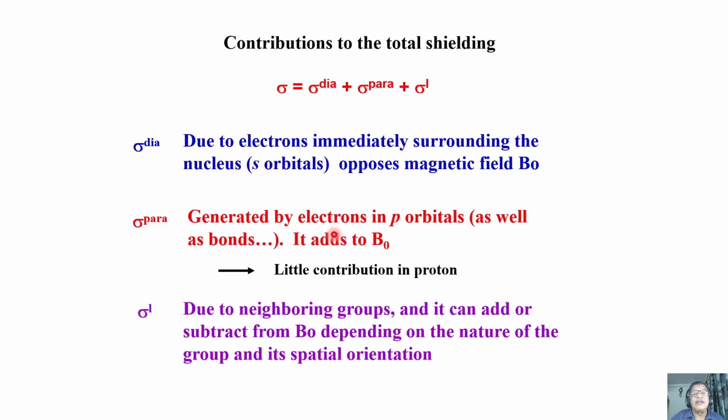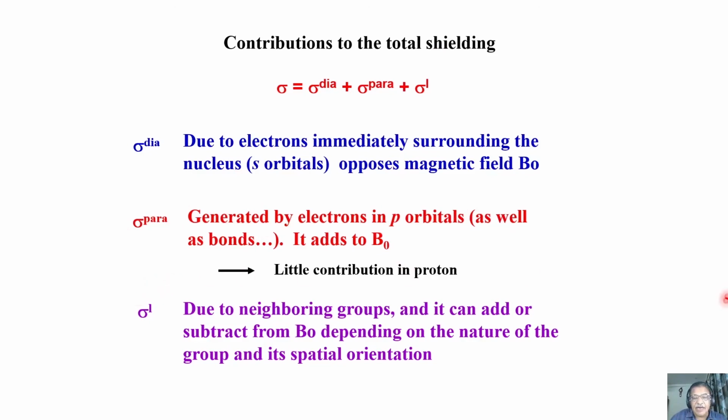In NMR jargon, generally any nucleus apart from proton is called an X nucleus. Proton spectrum is generally studied the maximum number of times, maximum studies are on proton. So any nuclei like carbon, silicon, nitrogen are considered to be X nuclei. So for X nuclei other than proton, this contribution becomes dominant.